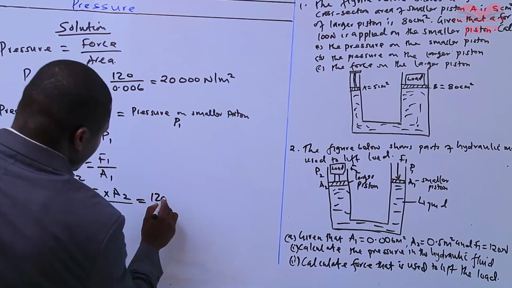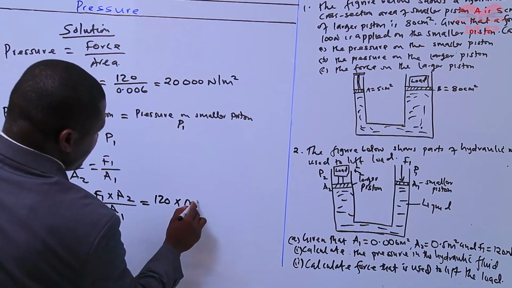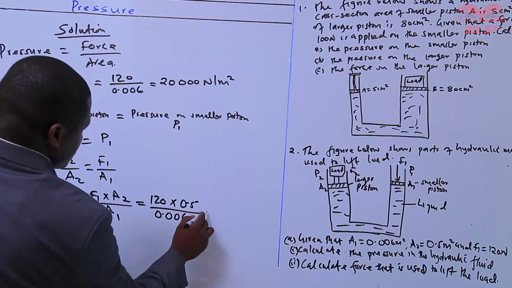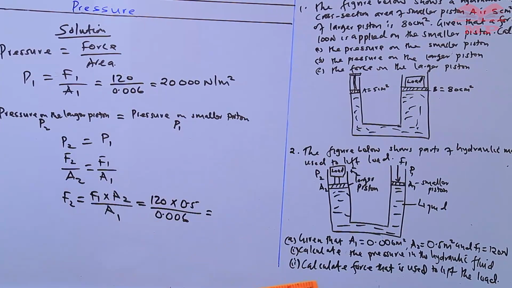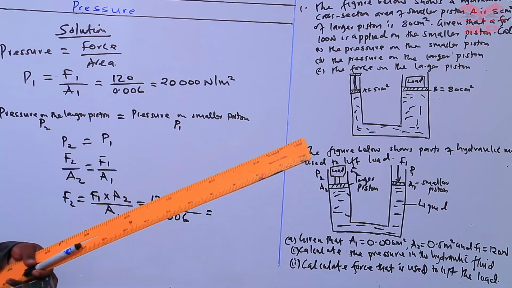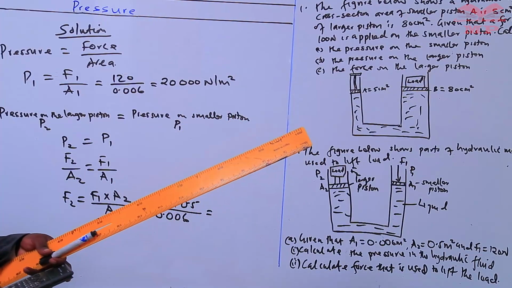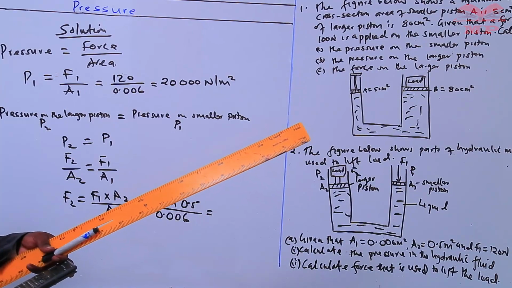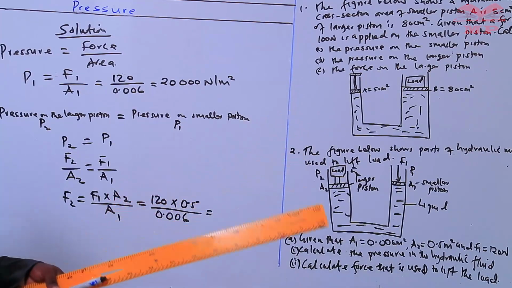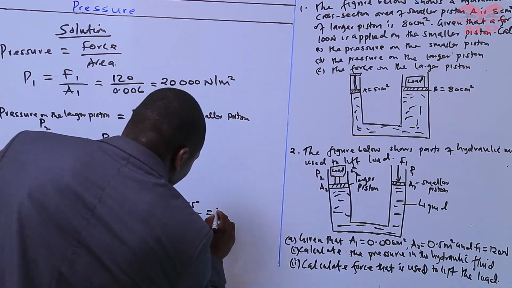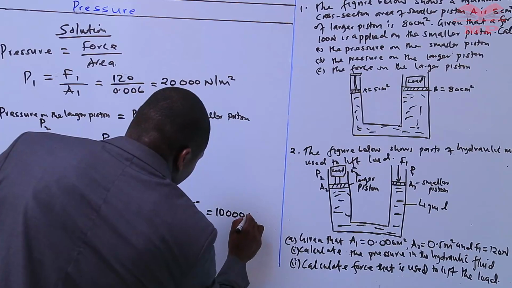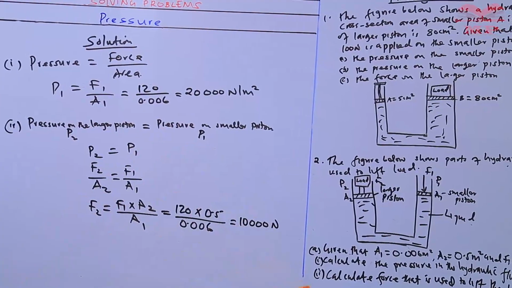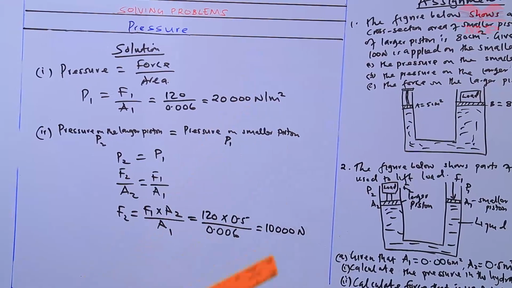We have 120 times A2, 0.5, then divide by 0.006. When I simplify this, 120 times 0.5 divided by 0.006 gives me 10,000. So we have 10,000 Newton. It is force. So this is how you are supposed to carry out this assignment.